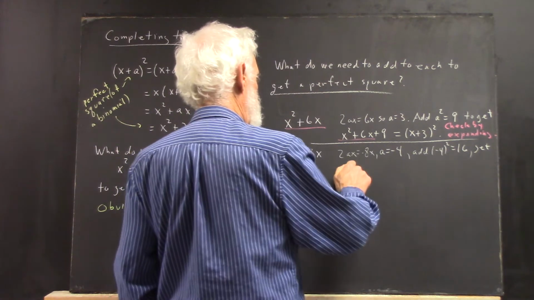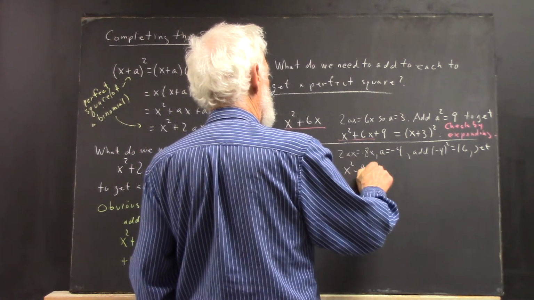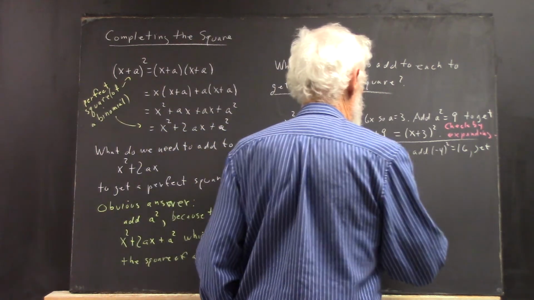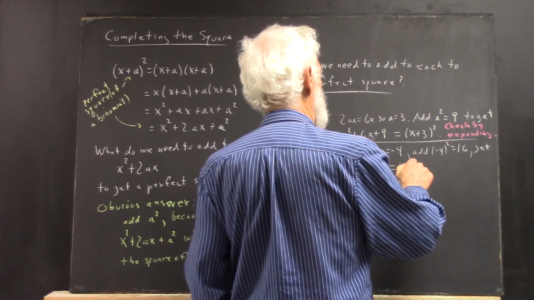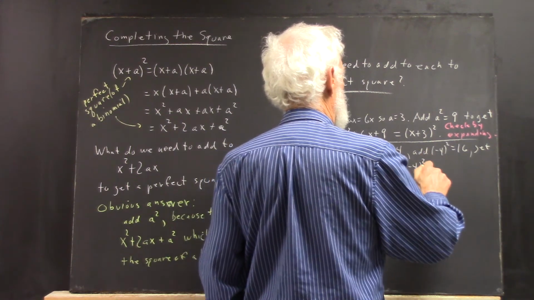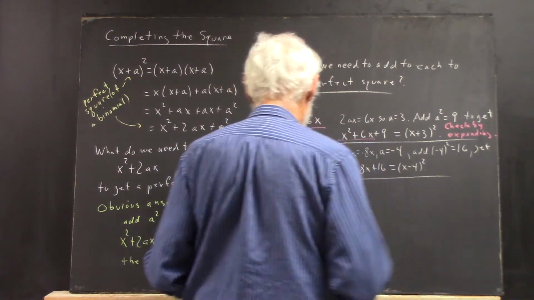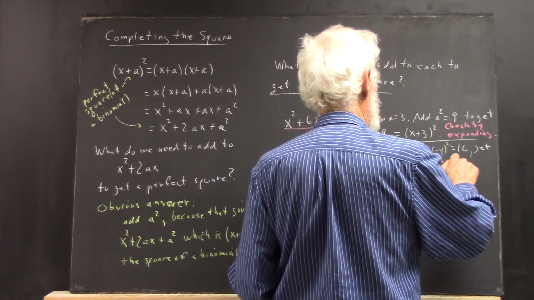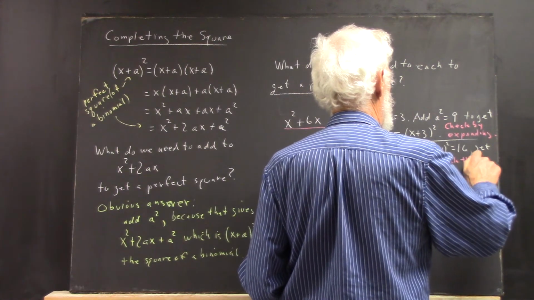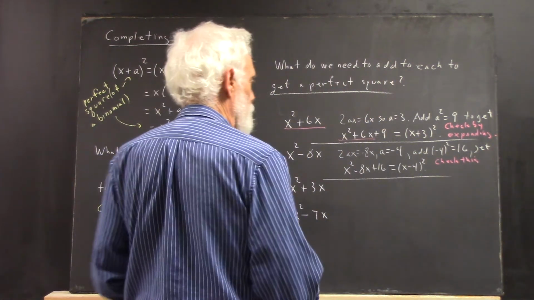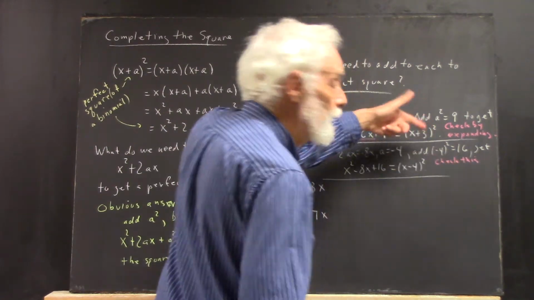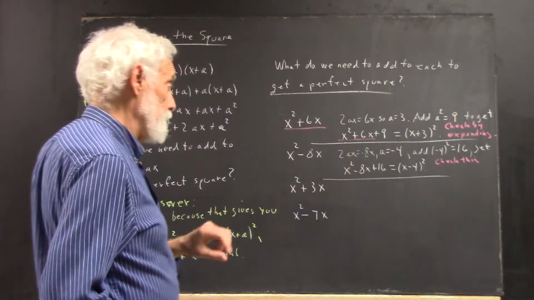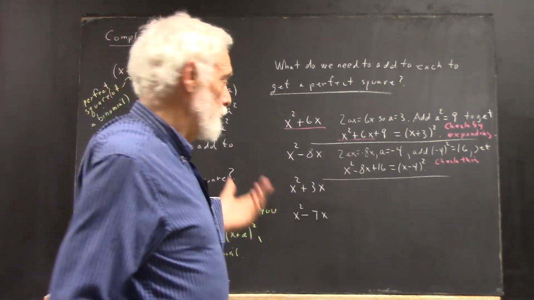And we get x squared minus 8x plus 16, and that is equal to x minus 4 quantity squared. And of course, we check this. And I'm going to want you in the homework to check everything. Now I said here check by expanding. I just say check this. You're going to do it by expanding this, seeing that you get this, and seeing that this is the same as this. This actually gets kind of monotonous.